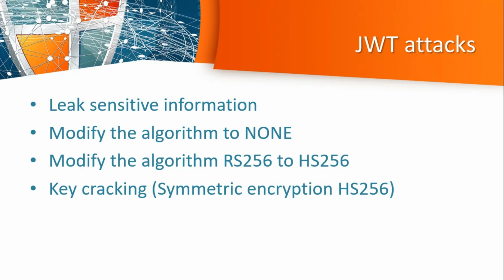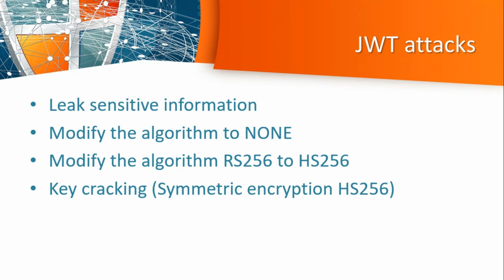Third is modify algorithm RS256 to HS256. HS256 uses a secret key to sign and verify the message, and RS256 uses a private key to sign the message and the public key for verification.